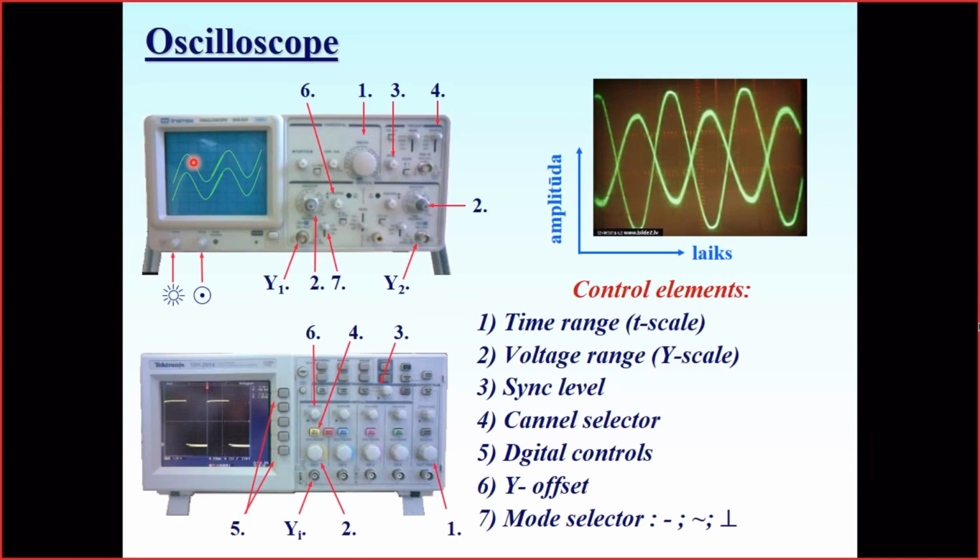So we have a big range in time, but it's not good for depicting fast processes, because all these processes will just glue together and we see only a white bright band. For a very fast sweep, we have a very small time for the movement from left to right. So we may use it for the depiction of fast processes.